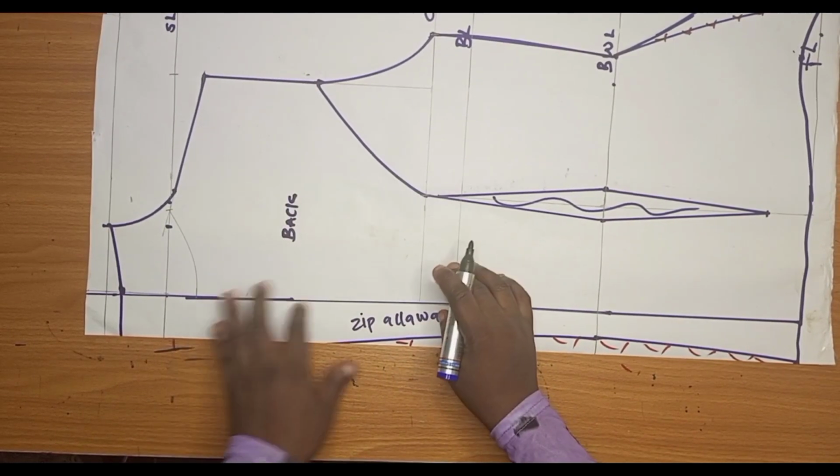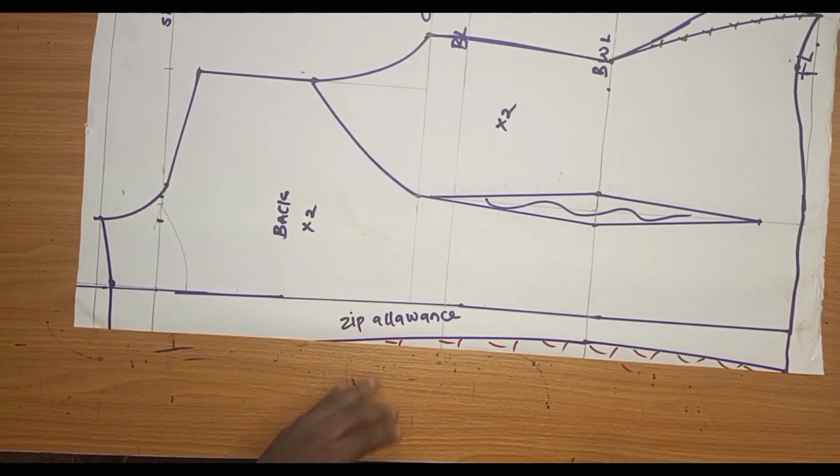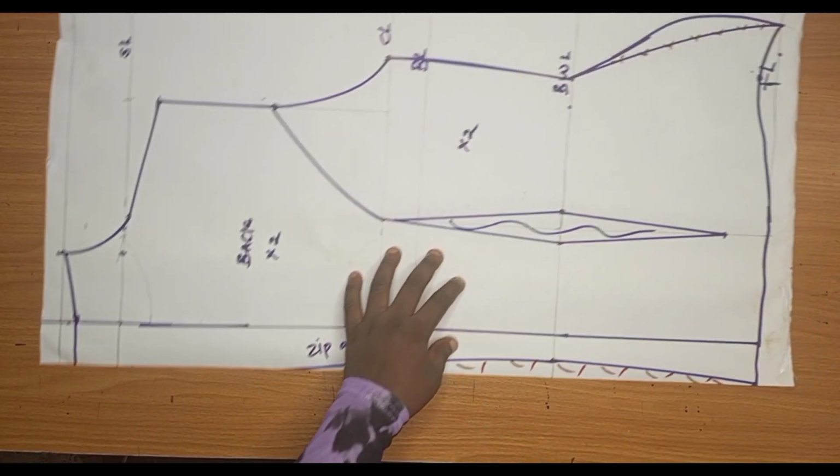So I'm going to be cutting times 2 of the center back, then times 2 of the side back. Then I'll go ahead to cut out the back pattern.